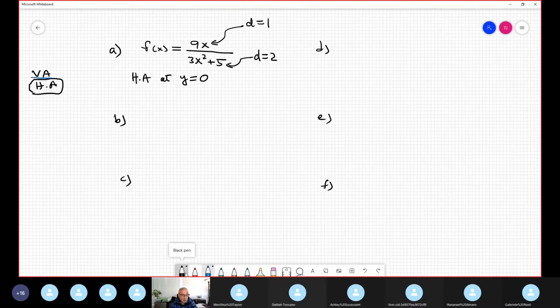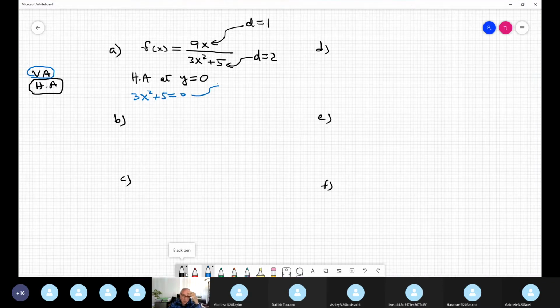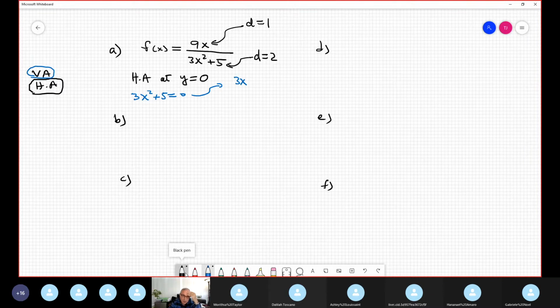And the vertical: you take the polynomial in the bottom, always, and you force it to be 0. It's obvious. When you solve this quadratic equation, divided by 3, you see that x squared is equal to minus 5 over 3.